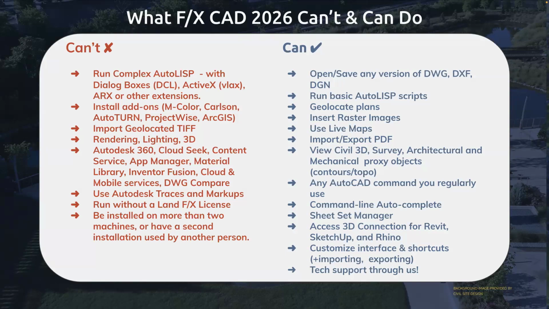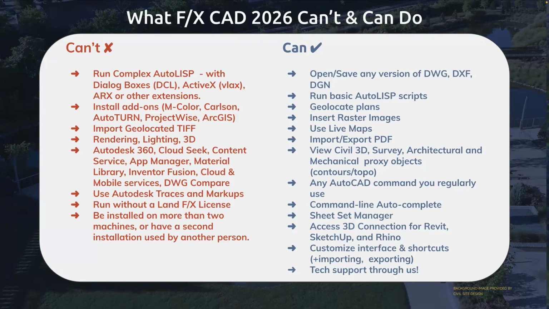So you can geolocate your plans, your DWG files, but you cannot import a geolocated file or TIFF. So that means if you XREF or attach a TIFF or any other file that is already geolocated in its file, that geolocation will not automatically locate in your plan.